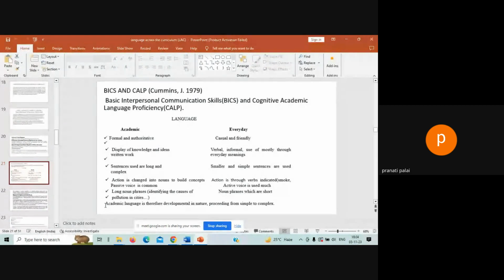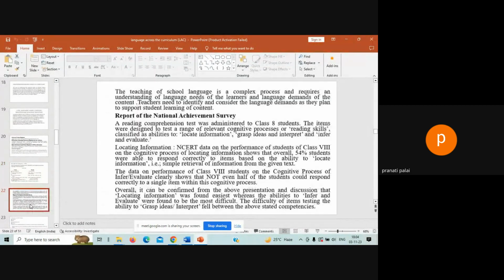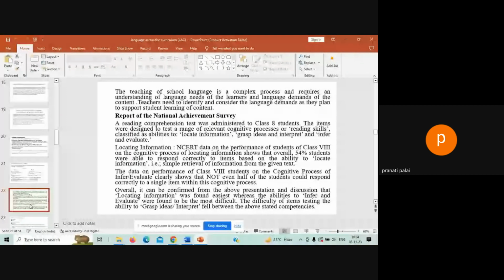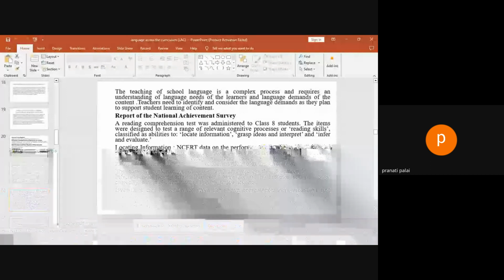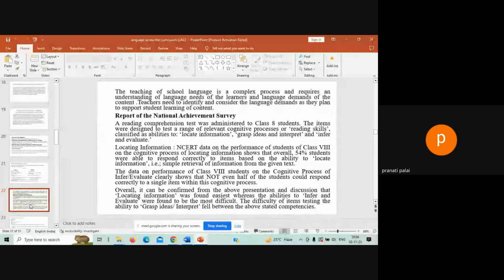How is academic language developmental? How is it developmental and how does it proceed from simple to complex?